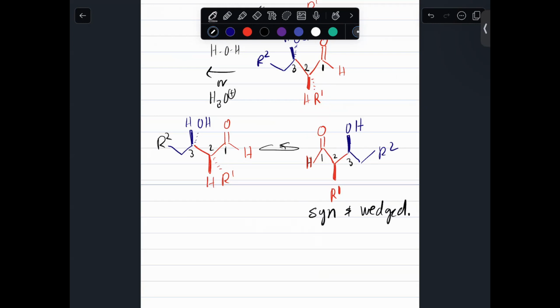And once you can see it, it makes things so much easier. Okay, you guys, so this is just the syn dashed and the syn wedged products. You get both products. In the next lecture video, I'll talk about the anti. And we're just focusing on forming two products over one. Okay?